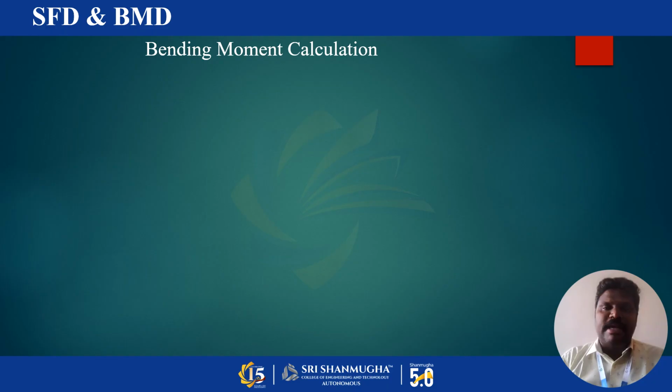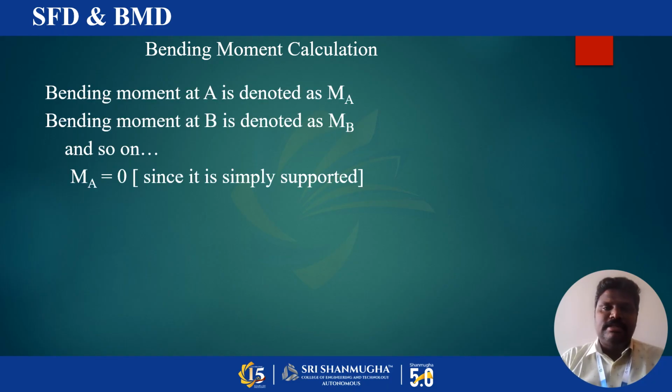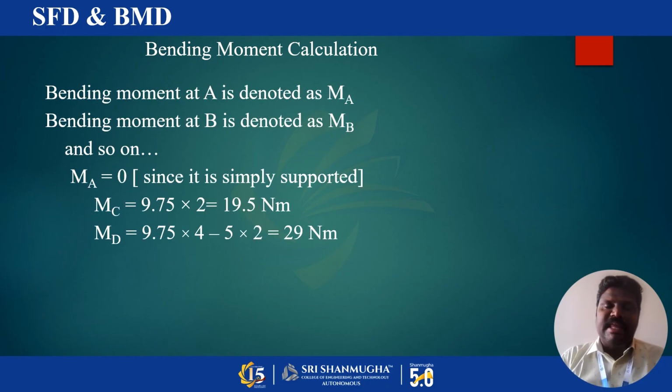For the bending moment calculation, A and B are supports. The supports will not have any bending moment value, so it is 0.